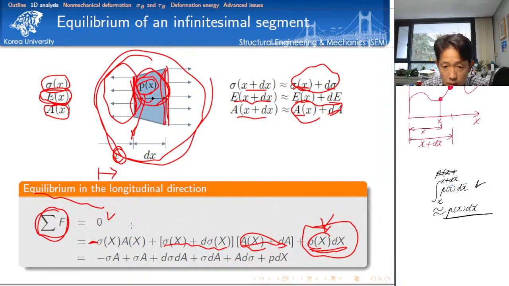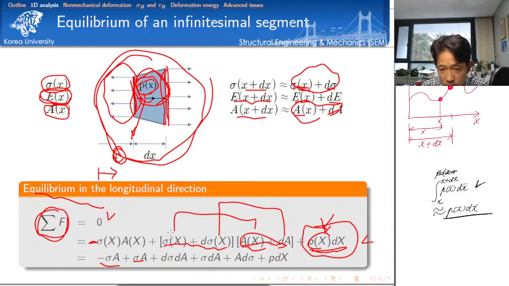Okay, so from this second equation, then what? That becomes minus sigma A, and then let's consider the first term. Then we have sigma A here, and then let's consider the second term. Then I have d sigma and dA.